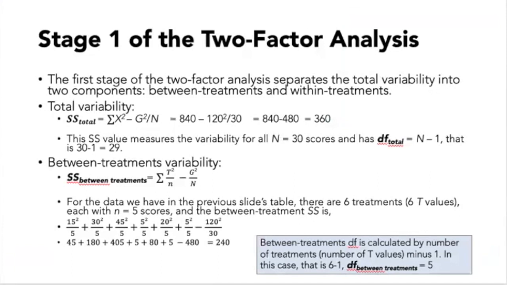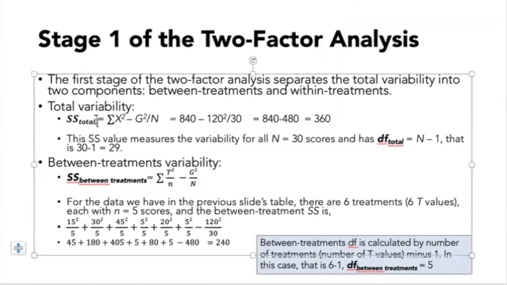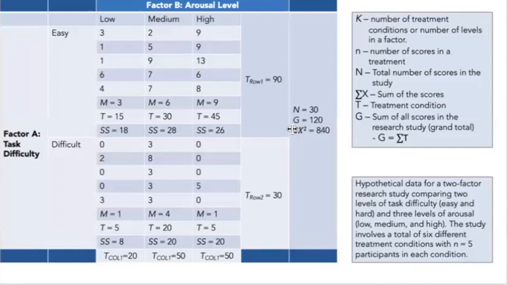Here, we first separate the total variability into two components, the between-treatment one and the within-treatment one. So first, let's find the total variability. Total variability, or SS total, is calculated by sigma X squared minus G squared divided by N. Here sigma X squared is 840.